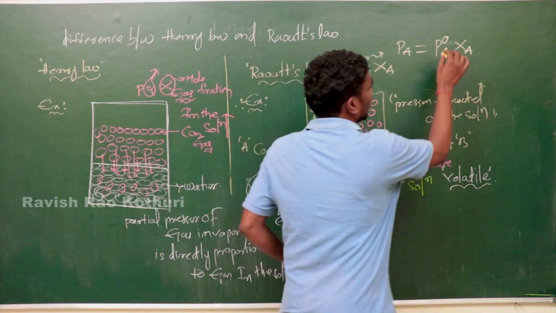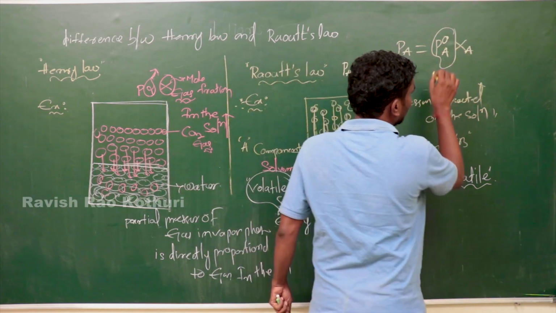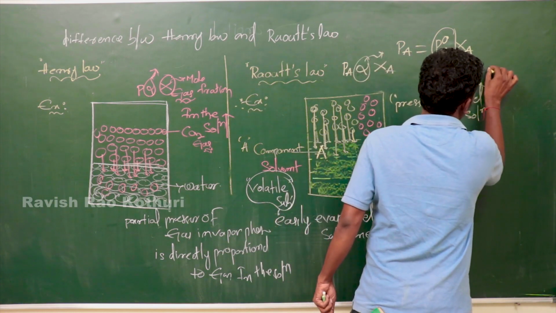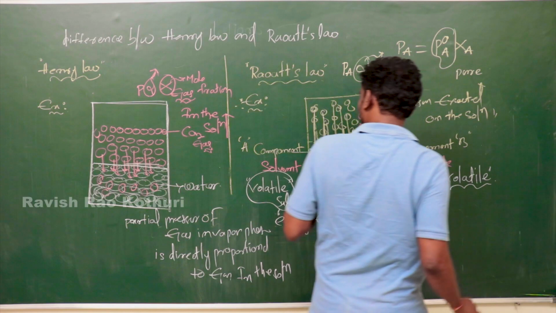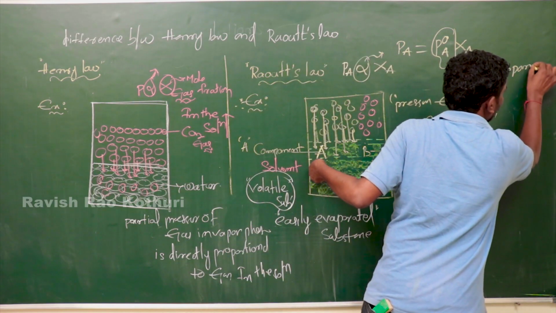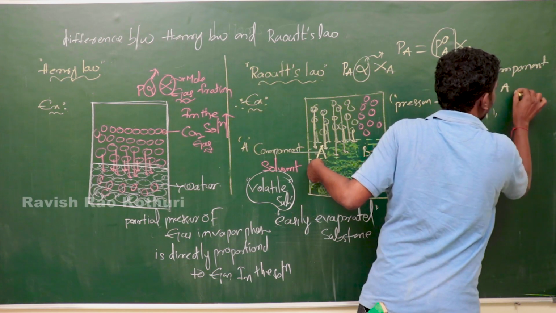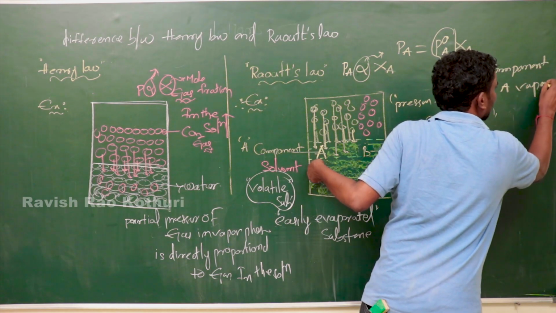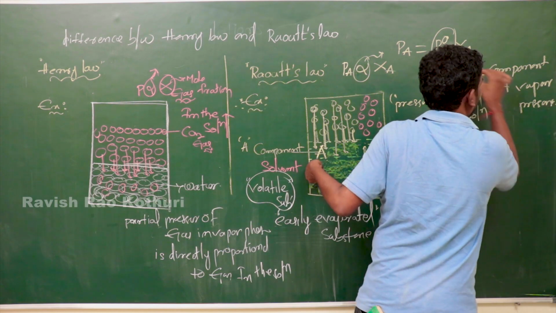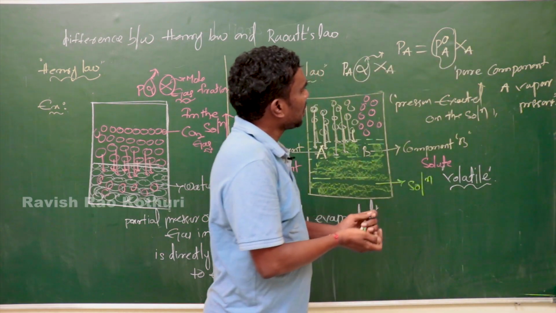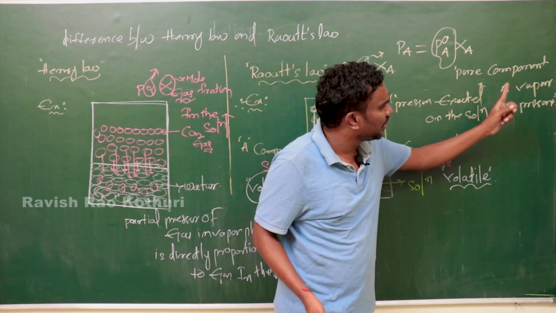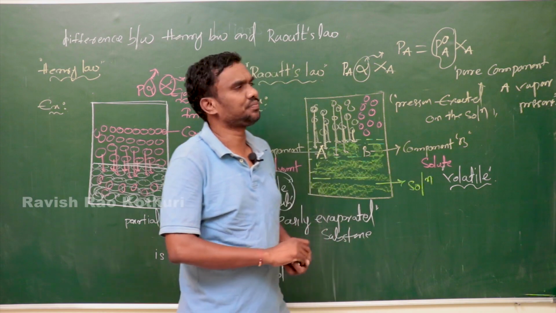Here, P naught A stands for what, sir? P naught A stands for pure component A vapor pressure, right? See, P naught A stands for what, my dears? Pure component A vapor pressure.